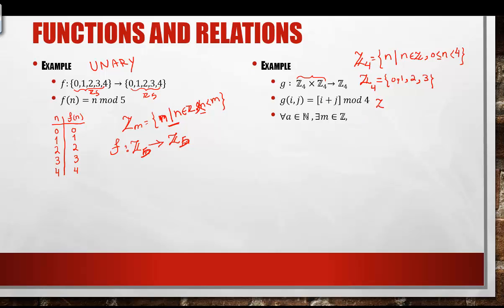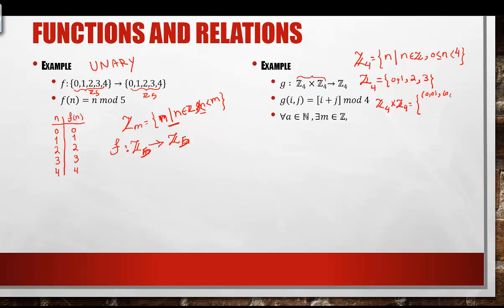Now z sub 4 times z sub 4 is going to be a 16 element set.